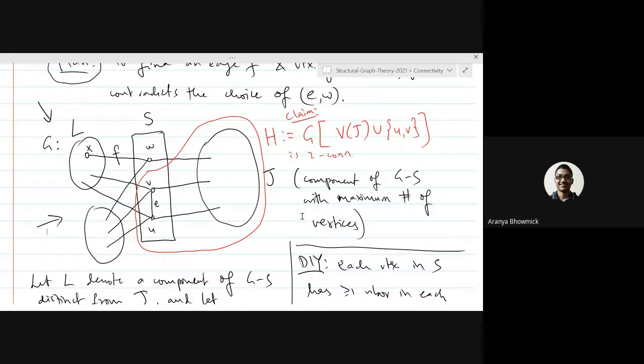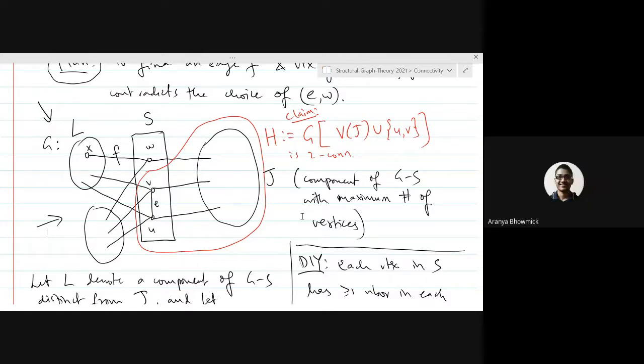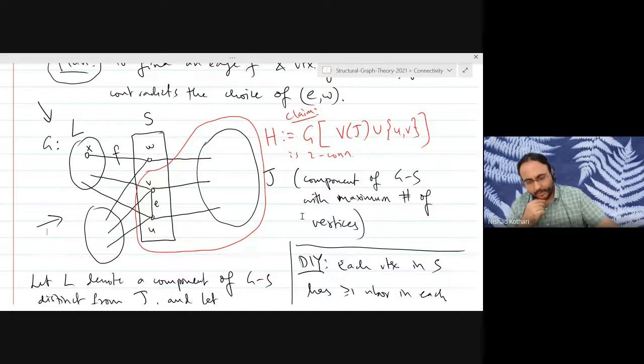So we can take any vertex other than U or V in H. Let that vertex be Z. Why are you removing a vertex? What are you trying to prove?